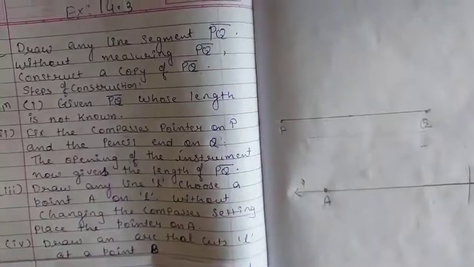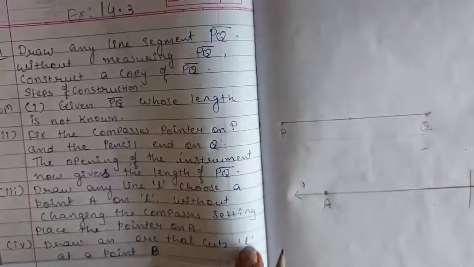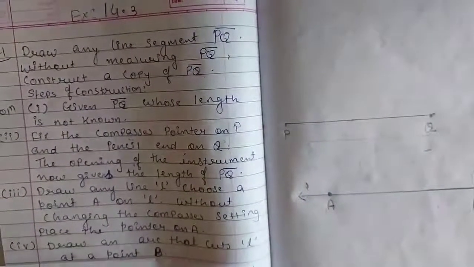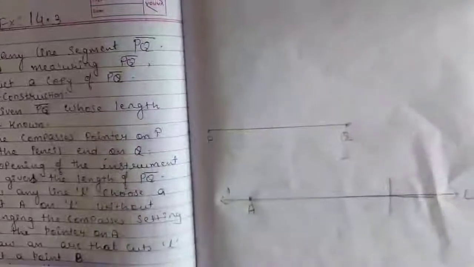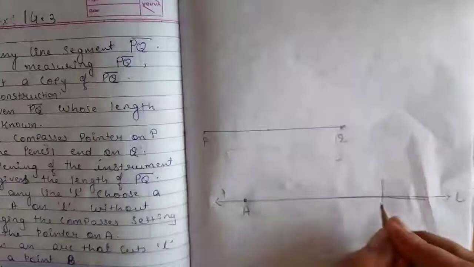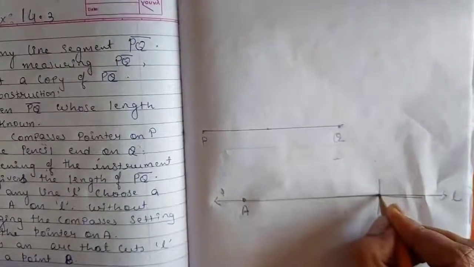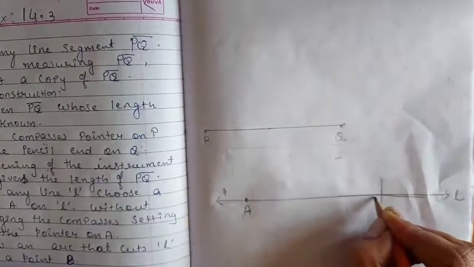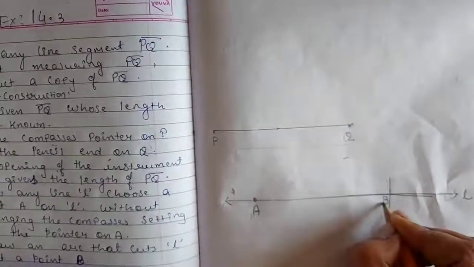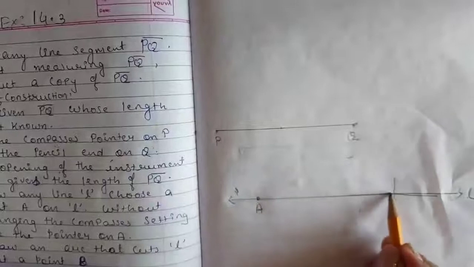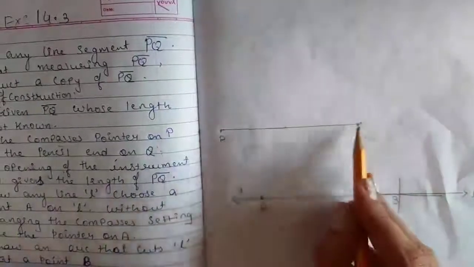Step number 4. Draw an arc that cuts L at point B. So let us see this step in the figure. So students, here we have drawn an arc that cuts line L and we give this the name B. So what is the conclusion? This AB line segment is a copy of line segment PQ.